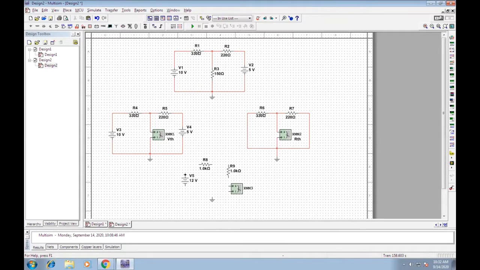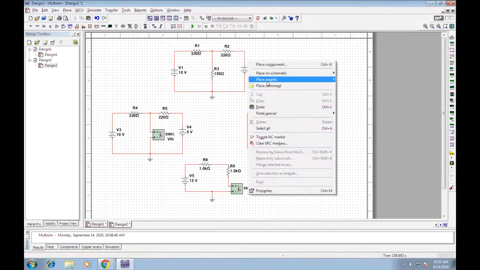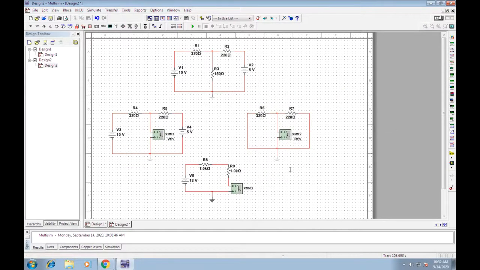Let me complete the connection. So you can say that this multimeter is to measure I0.